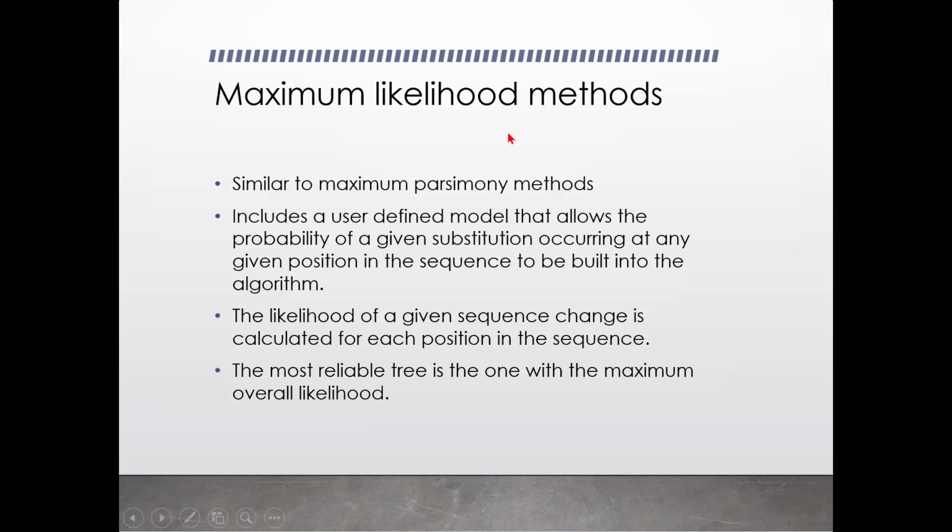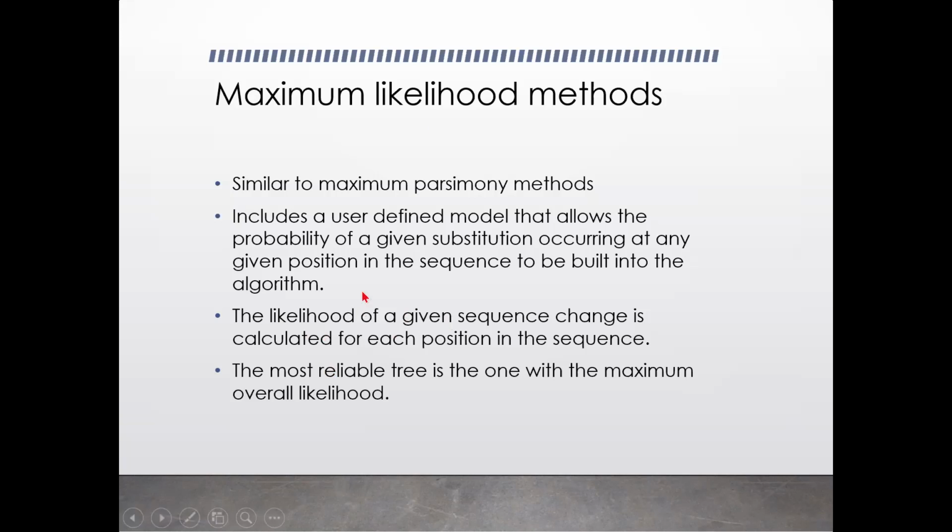The likelihood of a given sequence change is calculated for each position in the sequence, and the most reliable tree will be the one with maximum overall likelihood.